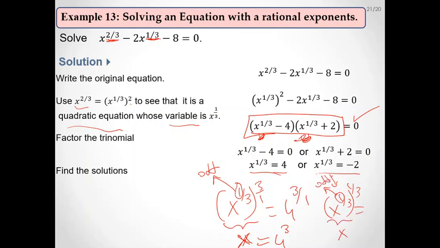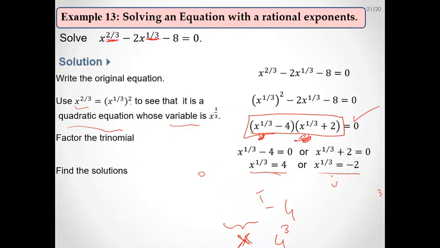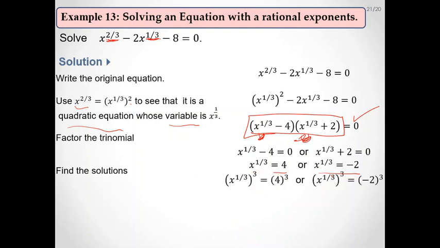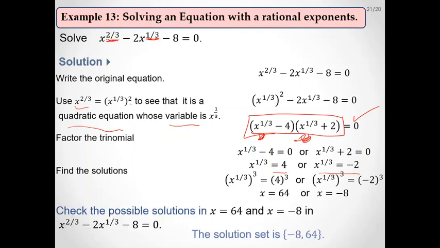And this one here, sorry, this is 3/1, either 2 to the 3rd power, which will be -8. So now we have two solutions here. Okay, we have 64 and -8, and then we check them in the equation.